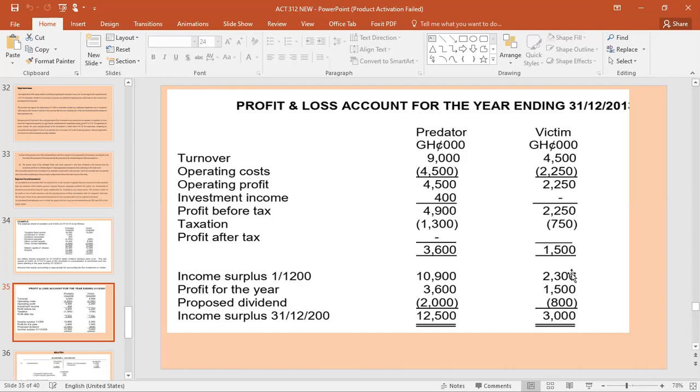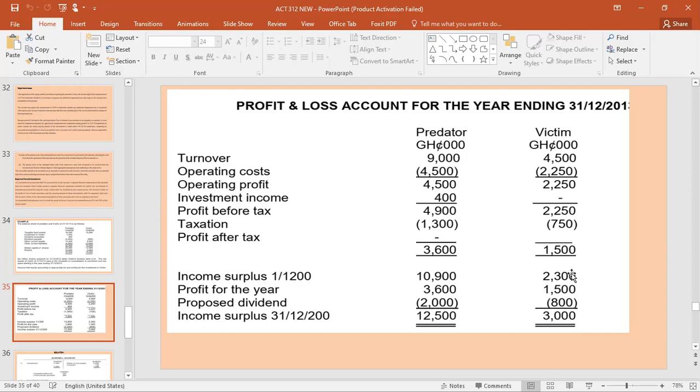Now, from there, you open the next account, consolidated profit and loss account. Then you start with turnover. You put down 9,000, that of only Predator.